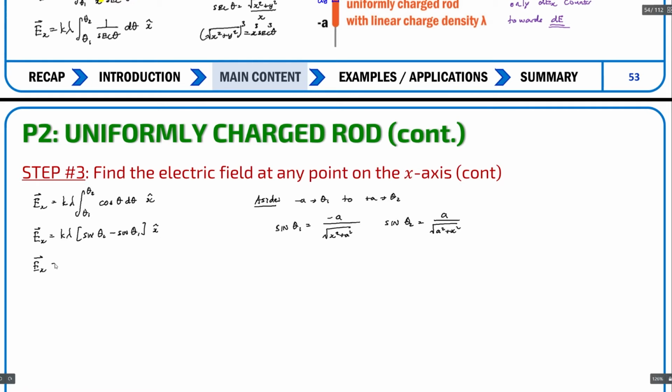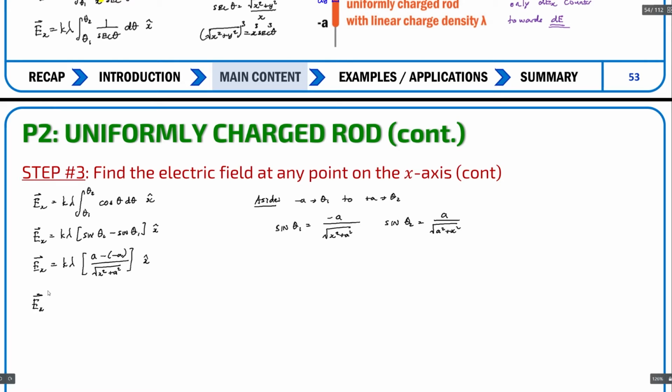EX is equal to K times lambda. Sine of theta 2 and theta 1 are the ones that we just solved for, and we know that it's going to be a minus negative a over the square root of x squared plus a squared. And that's going to be in the x hat direction.